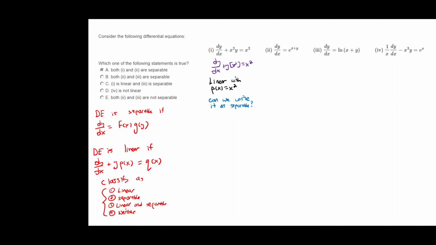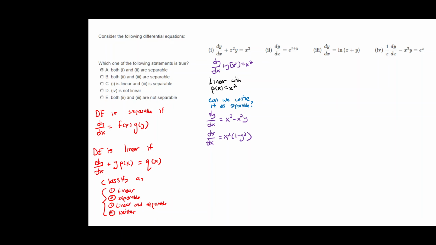I'm going to isolate the dy by dx because that's what separable has. It has that all by itself. So dy by dx is equal to x squared minus x squared y. And can I write the right-hand side as a function of x times a function of y? Absolutely. I can common factor the x squared out, and I have 1 minus y.